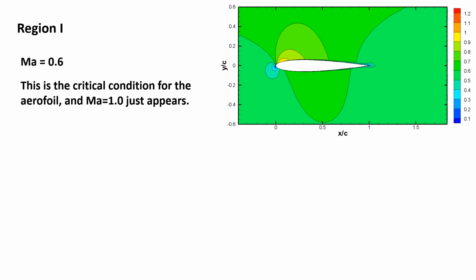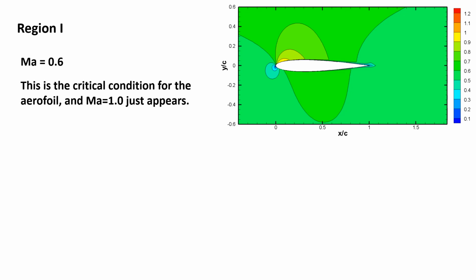And you may wonder, how do we determine the critical Mach number in the simulation data? For example, you can check maybe 0.5, if you don't know 0.6 at the beginning. So let's check 0.5, and we see the flow field, and the Mach number over the surface is all below 1. So it's not. We gradually increase the Mach number to 0.58, and we can see it's still all subsonic.